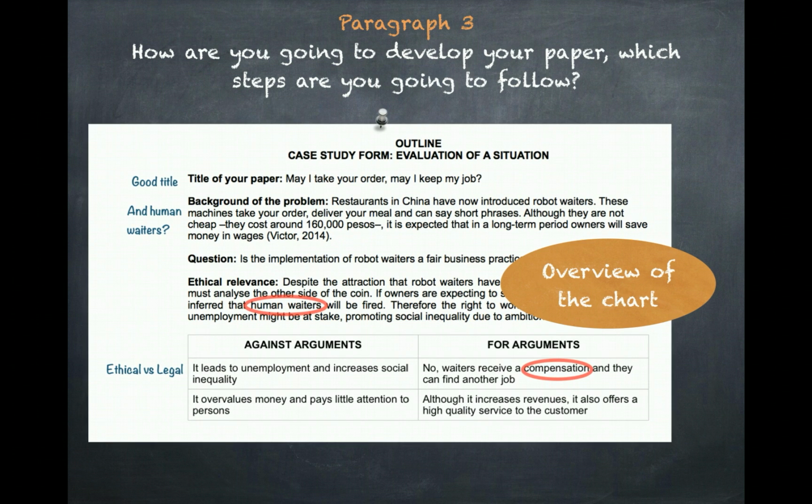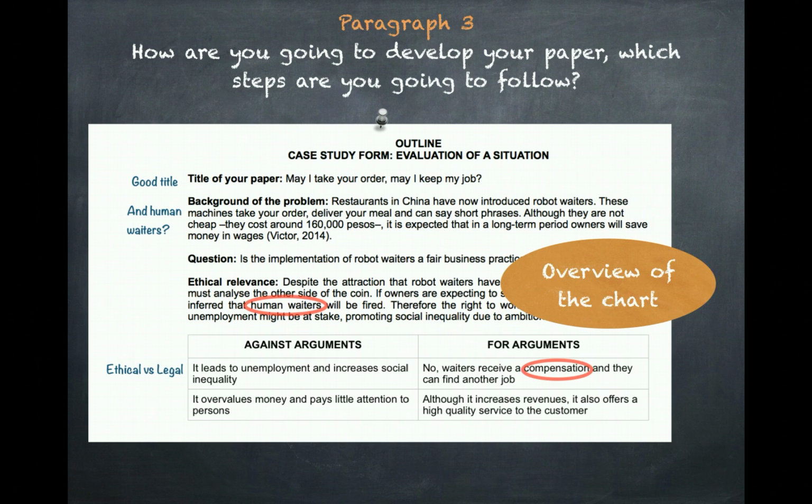We thought that the implementation of robot waiters was not a fair business practice because it leads to unemployment and increases social inequality, and it overvalues money and pays little attention to persons.